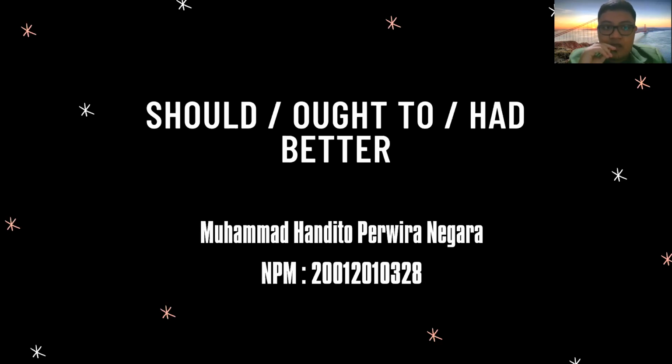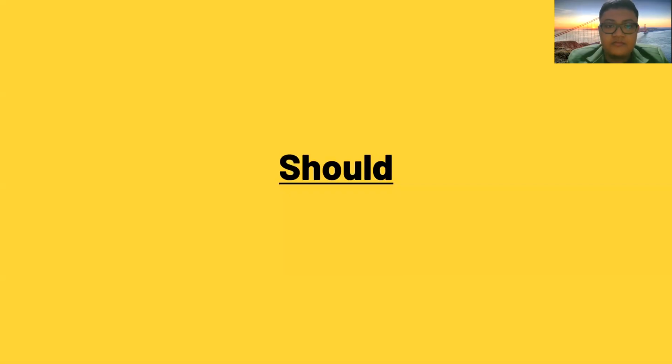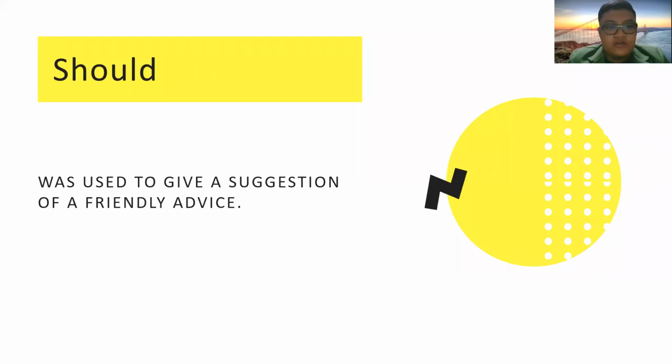Let's get started. This material is should, ought to, had better. The first one is should. Should is used to give a suggestion or friendly advice. That means it doesn't push too hard to give that advice.